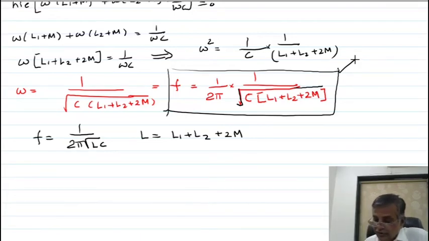Now, let us see the condition for sustained oscillation. What should be the value of the current gain of the transistor? So, see here.